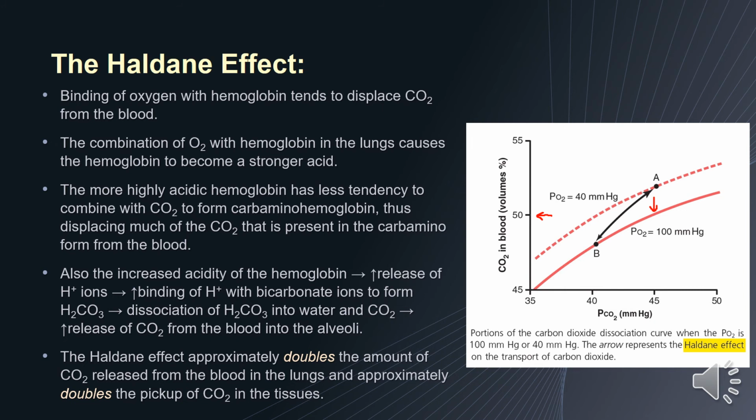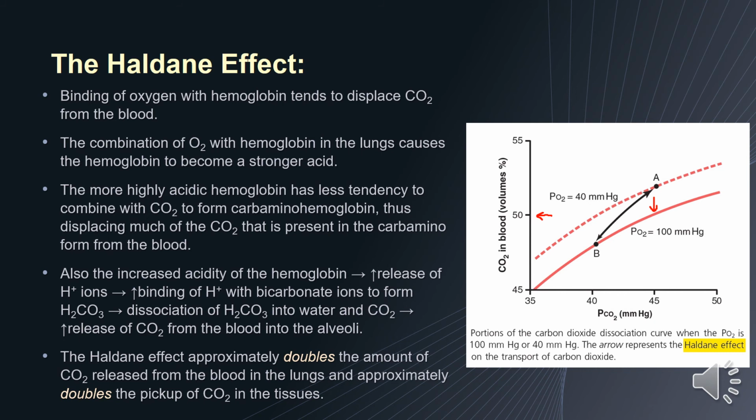Now, if this blood reaches the tissues and exchange takes place, and the blood is converted to venous blood, without the Haldane effect, at the pressure of 45 millimeter mercury, the concentration of the carbon dioxide should be 50. Please look at the arrows I made.